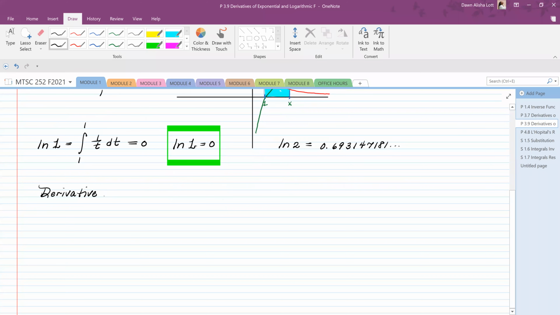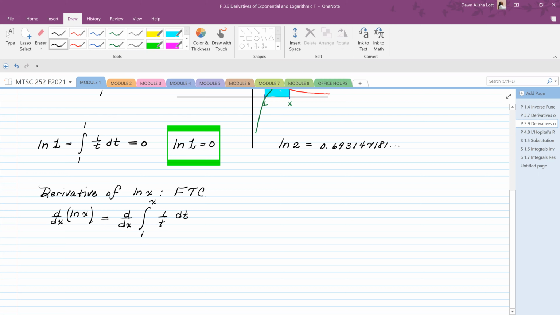So the derivative of the natural log of x, I need the fundamental theorem of calculus to help me get there. So I'm going to use the derivative with respect to x of the natural log of x. That says take the derivative with respect to x of the integral from 1 to x of 1 over t dt.